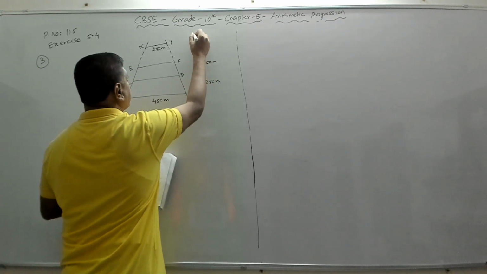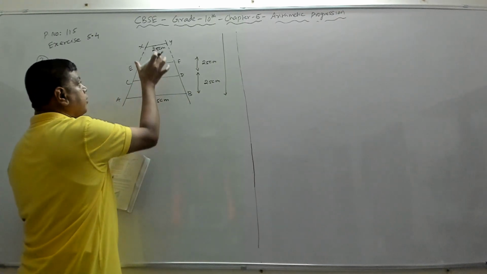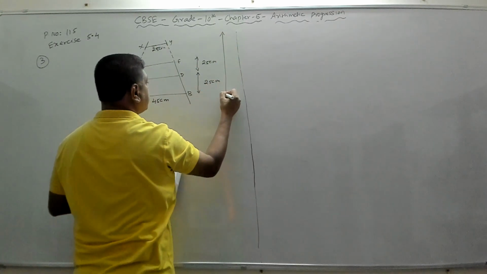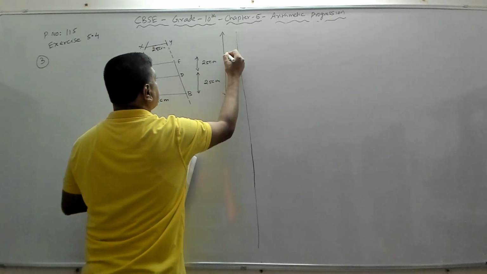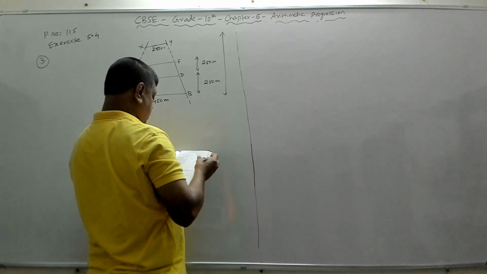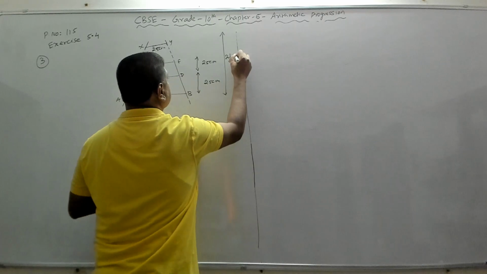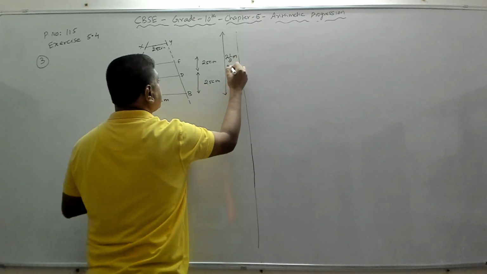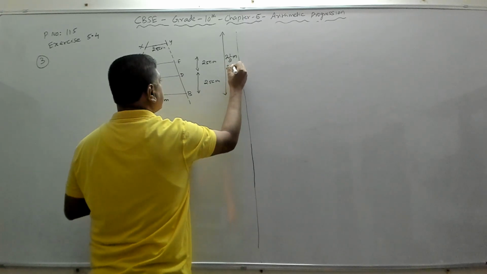Like that, the total distance between the bottom rung AB and the top XY is given as 2.5 meters apart, which means 250 centimeters.